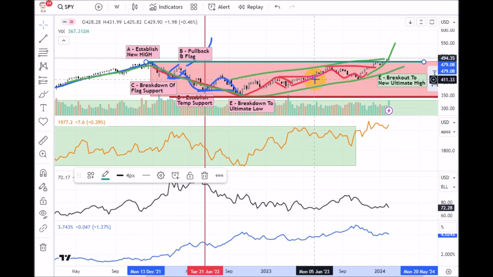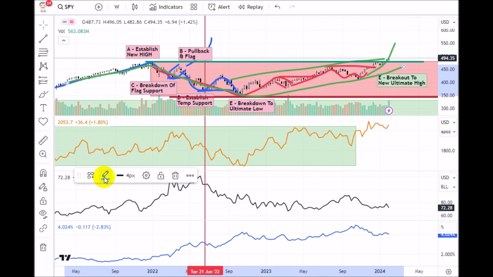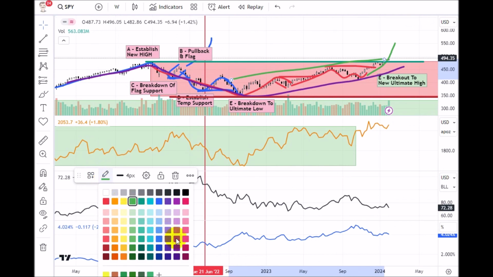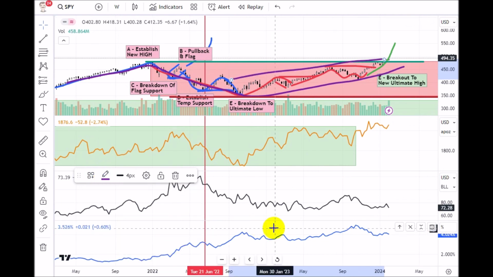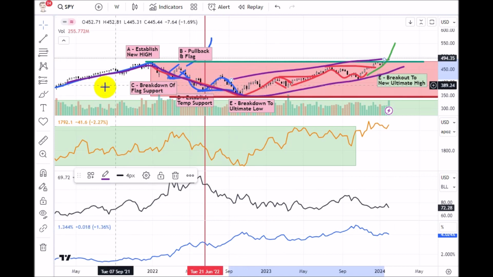And this becomes the large scale, long-term flagging formation. Here's our A pattern, comes all the way down to our low. Here's our flagging, which is our B pattern.